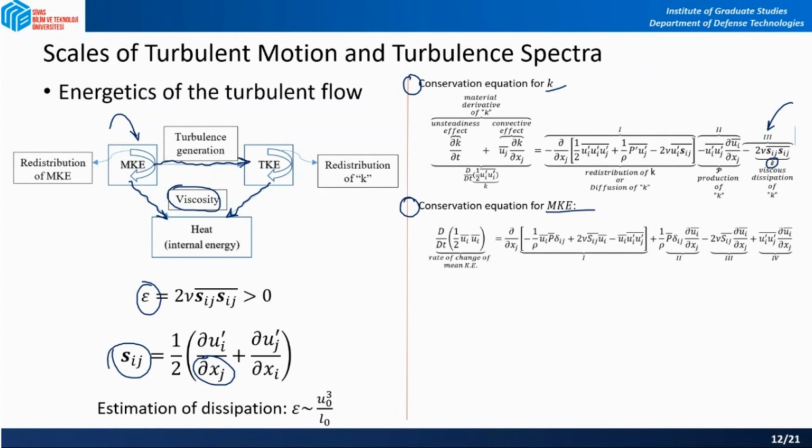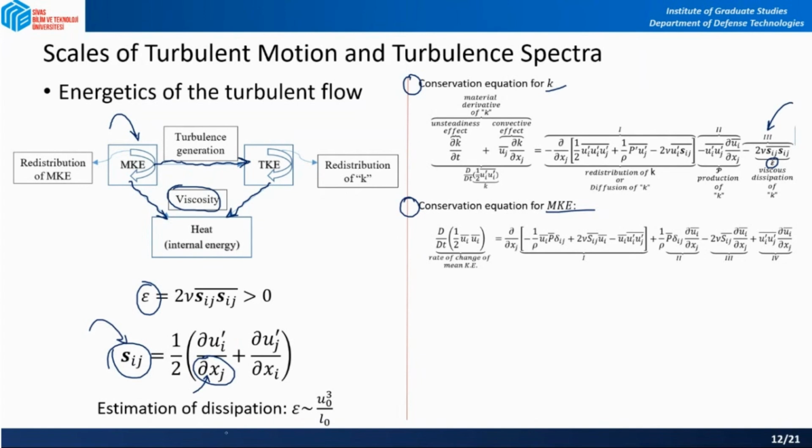Actually, before the invention of particle image velocimetry, which I suppose you have heard about, it was impossible to measure this, because you would have to put a lot of, for example, hot wires all over the place inside the flow. Today with PIV, you can measure this sij, but it has to be very high resolution, because you are dealing with gradients.